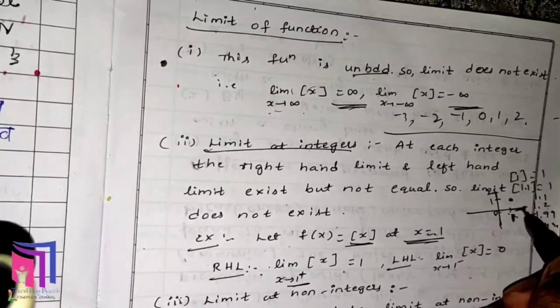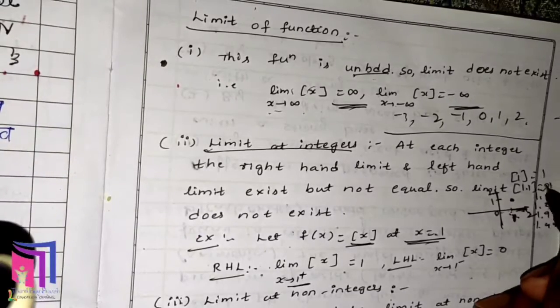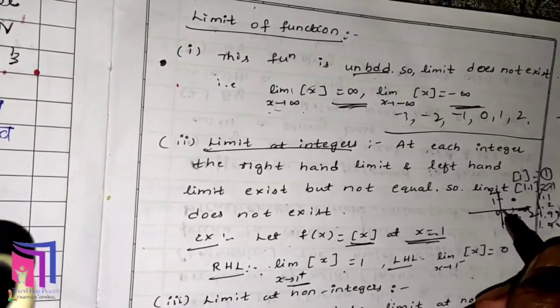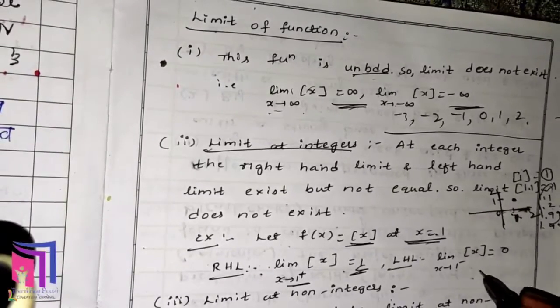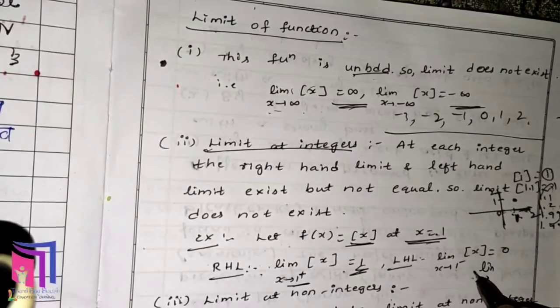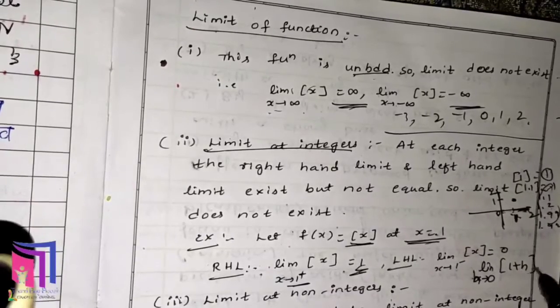Okay, in between 1 and 2, all the values, the greatest integer of all these values is 1 only. That's why we get 1. That means, suppose we convert into terms of h, limit h tends to 0, 1 plus h is equal to 1 only.